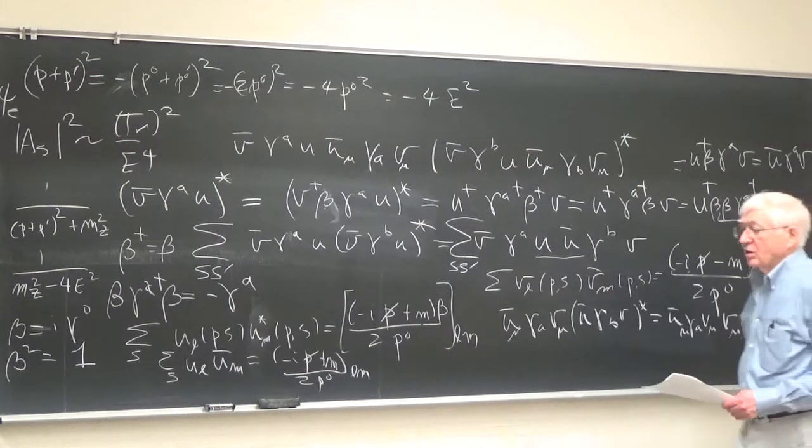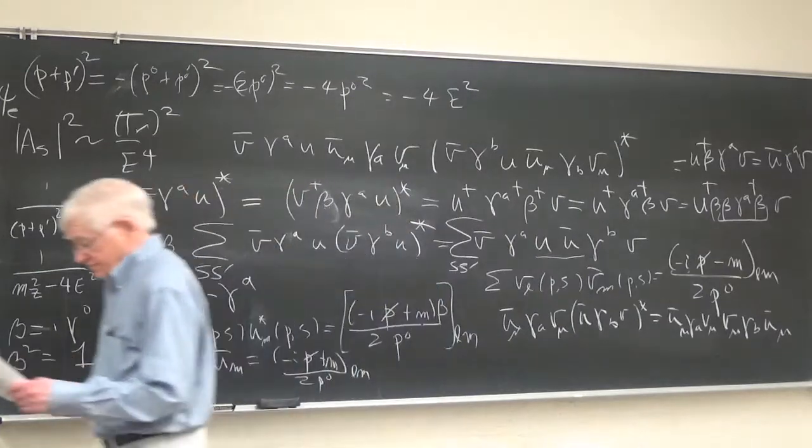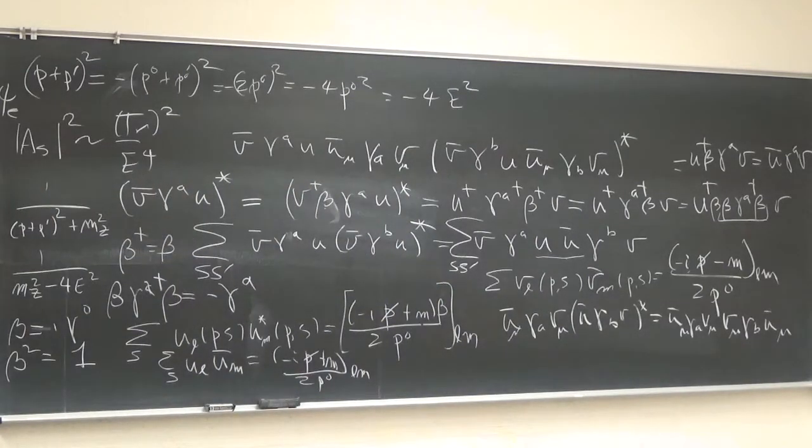Okay, so now let me use the spin sums to write the electron and muon parts of these amplitudes.